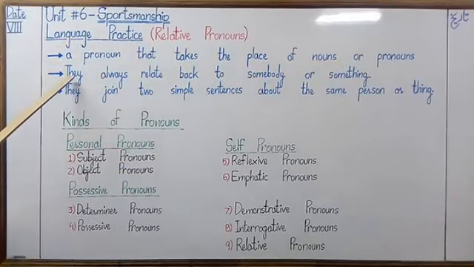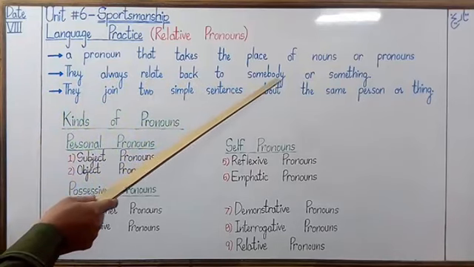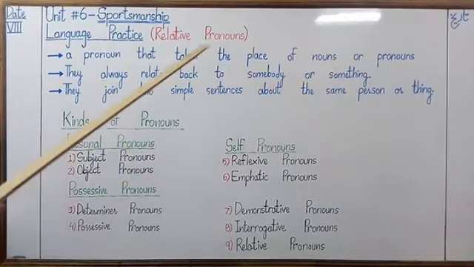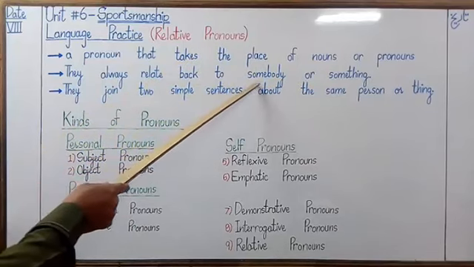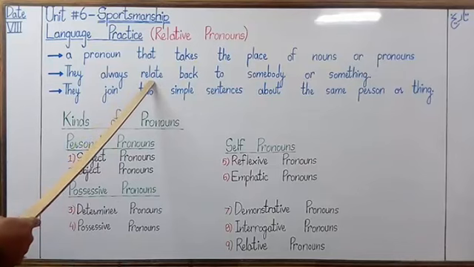Number 2 characteristic: they always relate back to somebody or something. Relative pronoun हमेशा किसी somebody या something को relate करता है, वापस relate करता है, उसके बारे में बताता है.